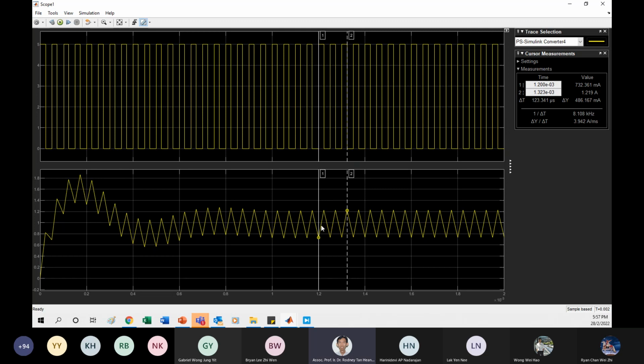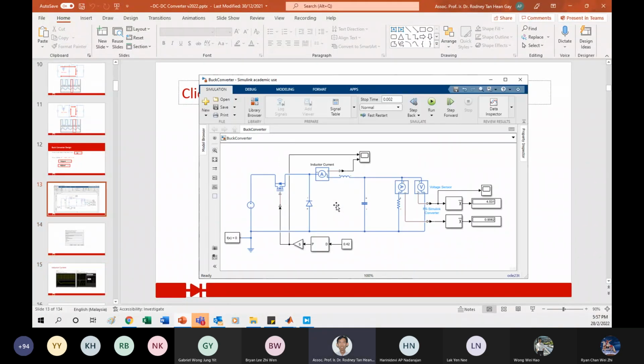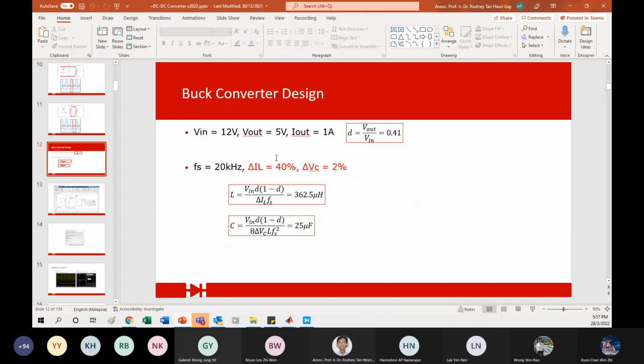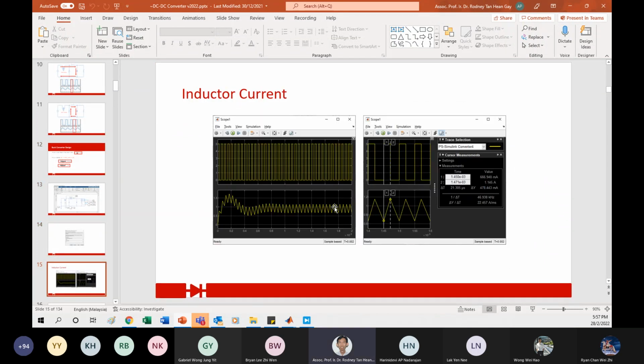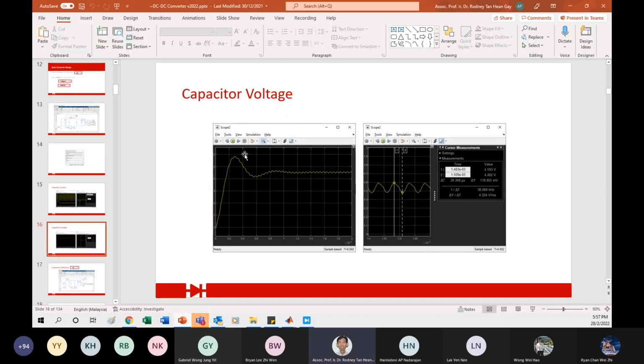So it should be approximately, fit with your theoretical design calculation of 40%. Now, similarly, if you look at the output voltage, and you look at the point, it should be again approximately 2% here.